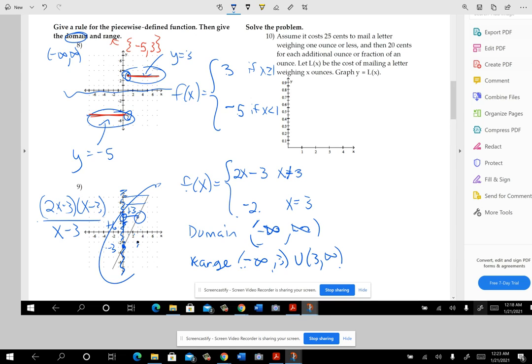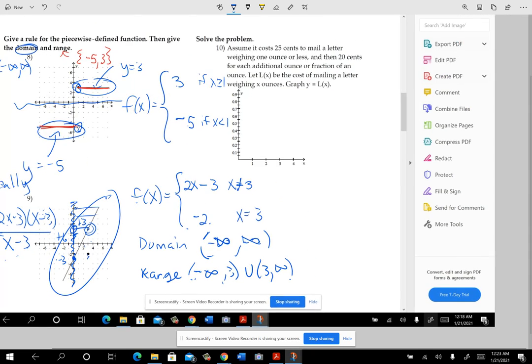That would produce this exact picture as well. The x minus 3's would cancel, giving you a line, but the x minus 3's would produce that hole. So really, it's more like this.